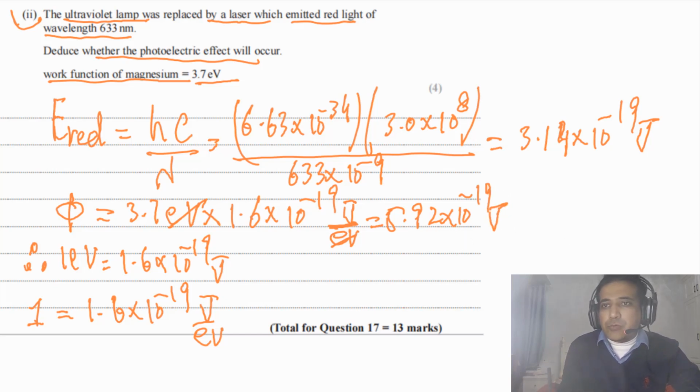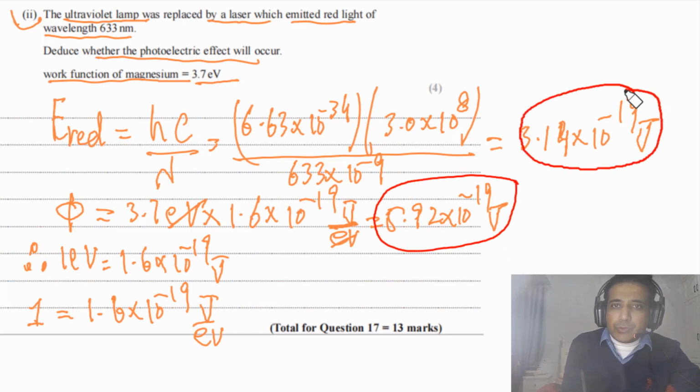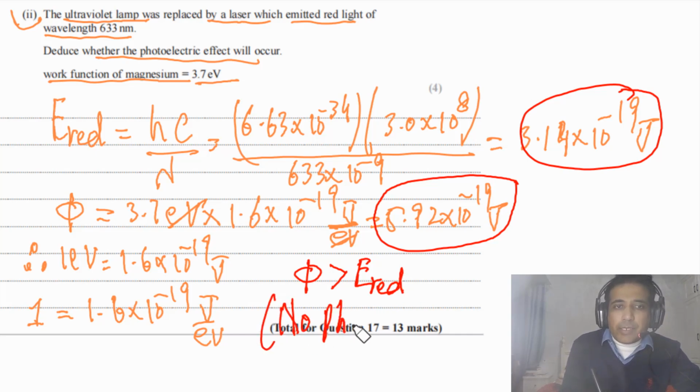Now simply we need to compare these two. As in this case, work function is greater than the energy of red photon, it simply means that no photoelectric effect, meaning no photoelectron will be emitted.